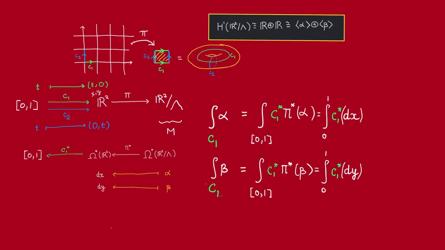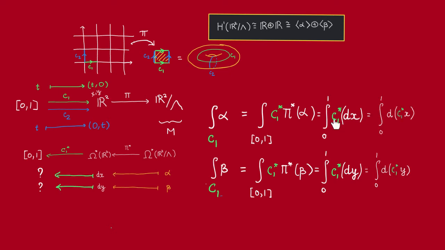This in turn is just the integral from 0 to 1 of the pullback under C1 of dx and dy. Because recall that by definition, alpha and beta pull back to dx and dy under the projection pi. So now what are the pullbacks of dx and dy under C1?